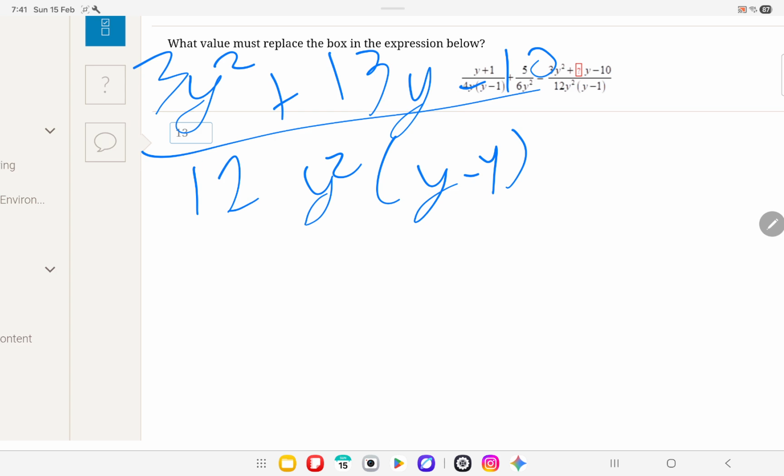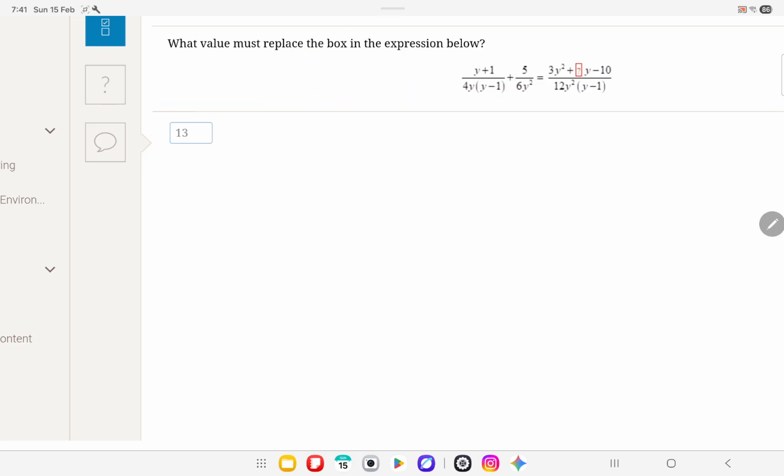So all we did is we made it the same denominator, and what we multiplied down, we have to multiply up. Okay, and we found this. So now they're asking us for the question mark, which is this, which is 13. That's the answer.